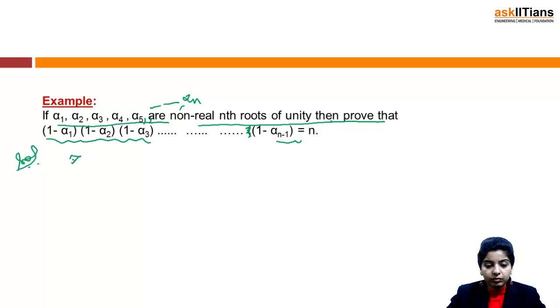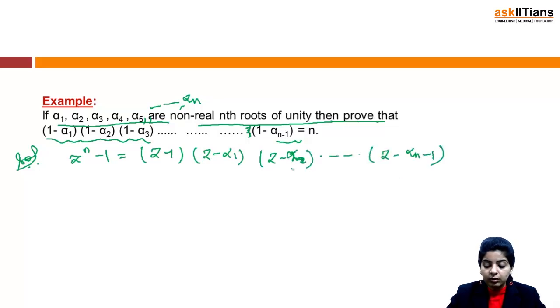Now we know that z raised to n minus 1 is equal to (z minus 1)(z minus alpha 1)(z minus alpha 2) and so on (z minus alpha n minus 1).